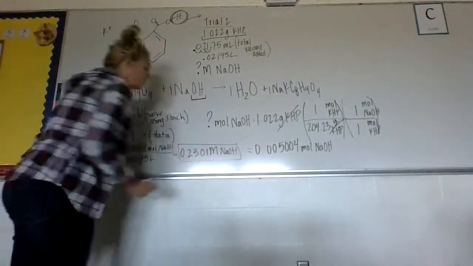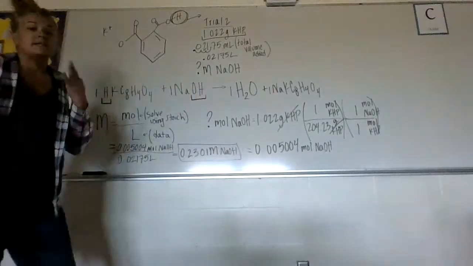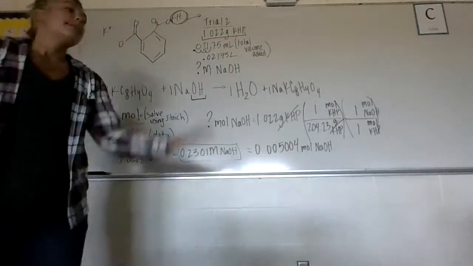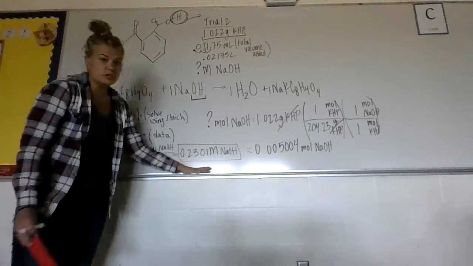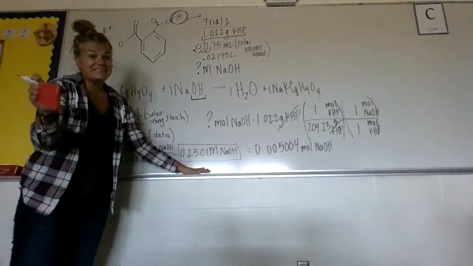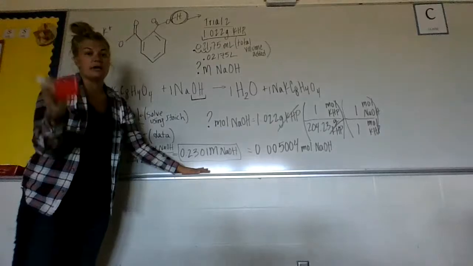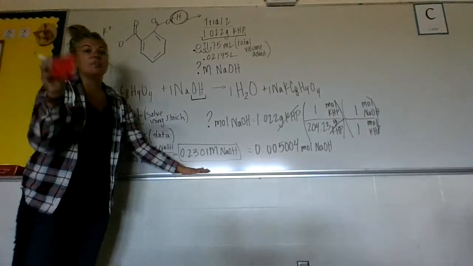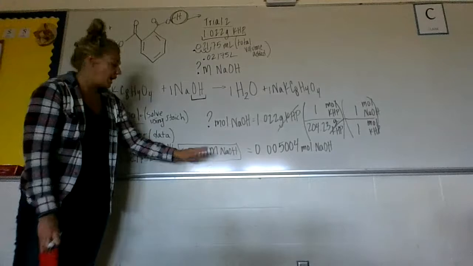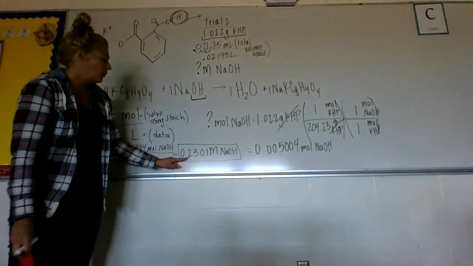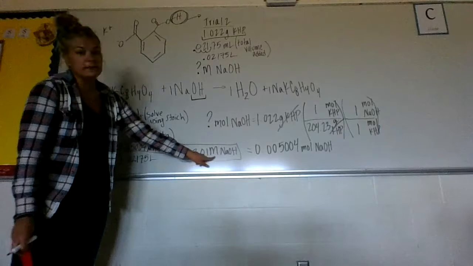So we thought we made a 0.25 molar sodium hydroxide solution, but it turns out that we were a little low. And that makes sense, because the water was attaching to the sodium hydroxide pellets, making it more diluted, so we have a lower concentration. Our concentration is 0.2301 molar.